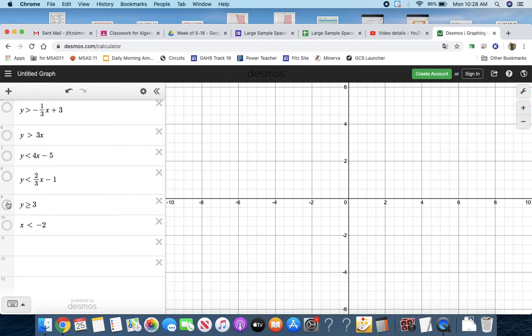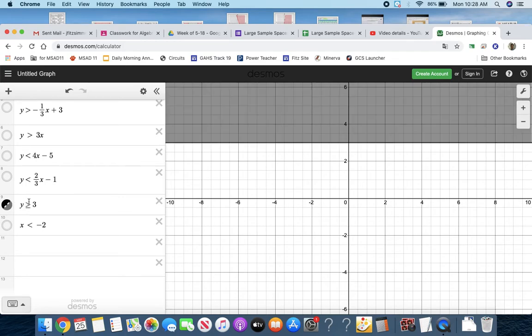And then the last one we get to look at is your single variable ones. Remember, if it said y and a number, then you're starting on the y-axis. So they found 3 on the y-axis, and the computer graphed it. Because it said greater than, they're going above the line. So this section is shaded.